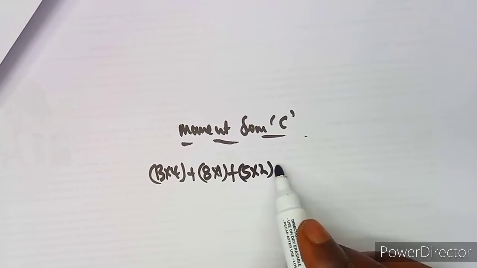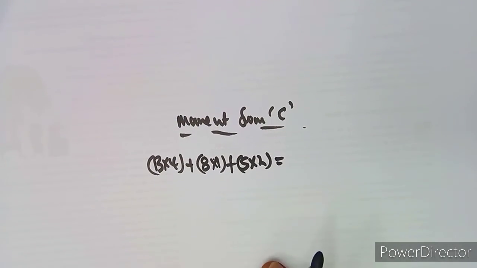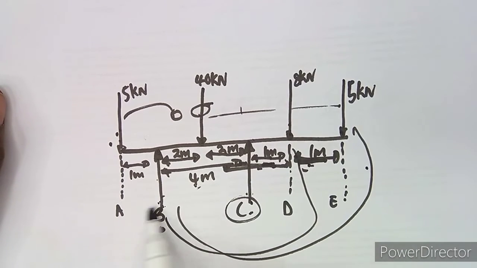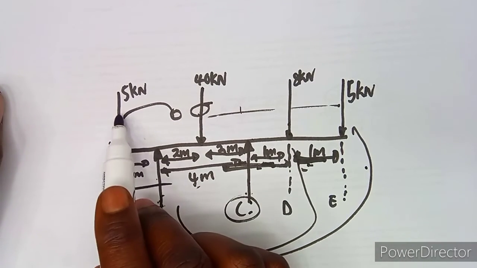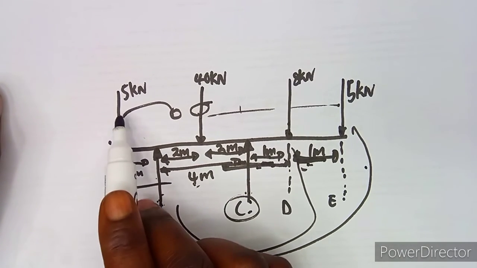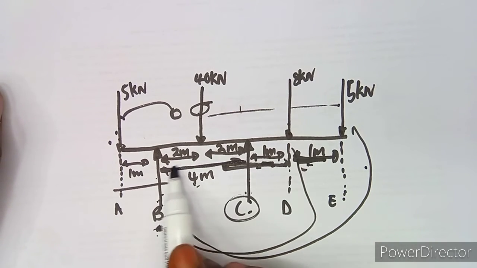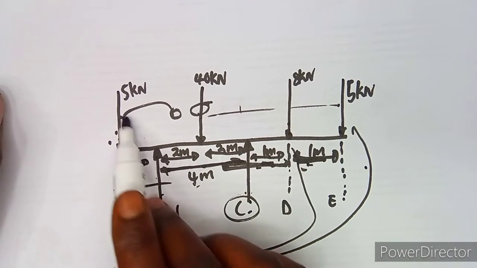All right, which is equivalent to, you now take these ones which are on the side where we are having B, on the same side of B, which is 5 back to C. As you can see, here there is 4 and 1, so it's 5, so it's 5 by 5.